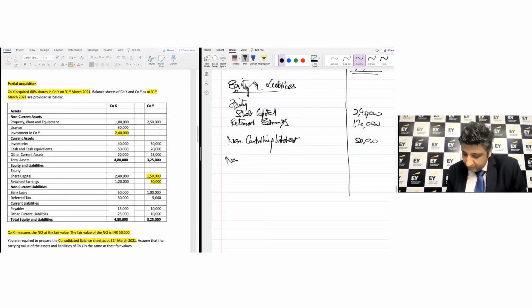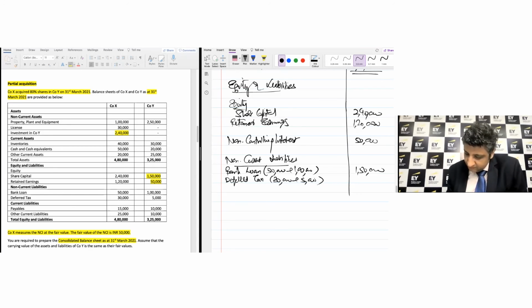And then we have non-current liabilities. Let's mark those, which are bank loan, 1,50,000. Deferred tax, which is 30 plus 5, that's 35,000.